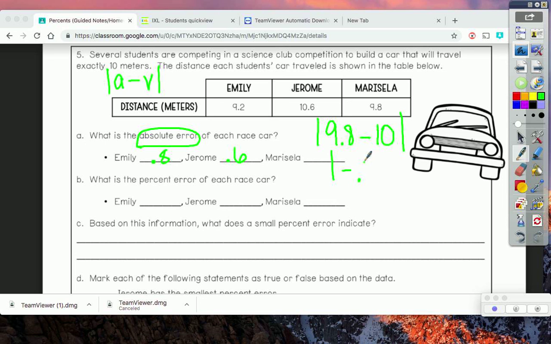Negative 0.2. Look, I'm bringing down my absolute value bars. Do not forget your absolute value bars. And what is our value after we find the absolute value? Positive 0.2. All right. Any questions here?